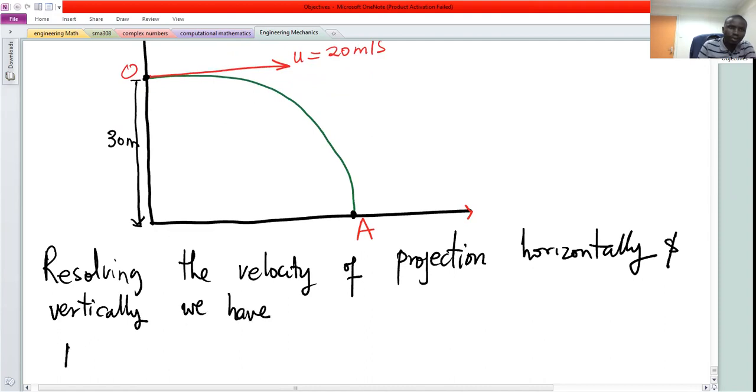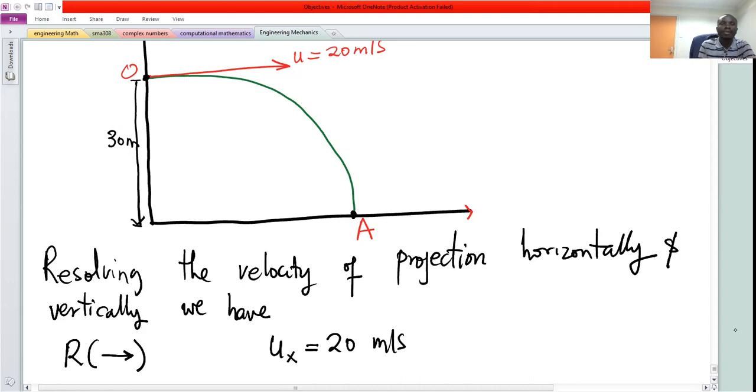For horizontal, we can show by this. This just means that you are resolving horizontally. So UX: we have already been told that the ball is projected with a speed of 20 meters per second horizontally. Therefore UX is 20.